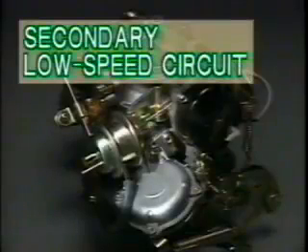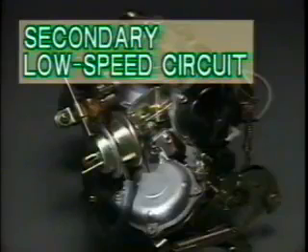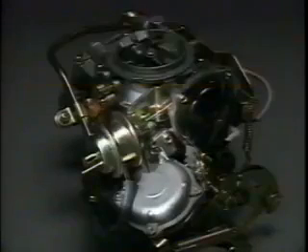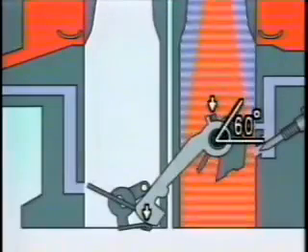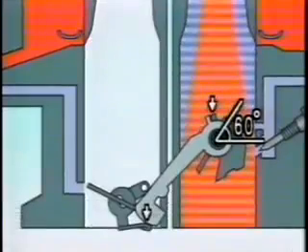Let's look at the secondary low-speed circuit for the secondary barrel. If the primary throttle valve opens more than 60 degrees, the cam in the kick-up system will force the secondary throttle valve to open slightly. Then fuel is delivered from the secondary slow port to the intake manifold.